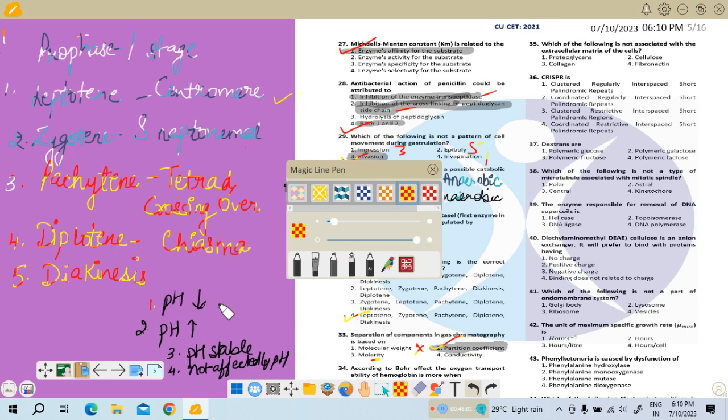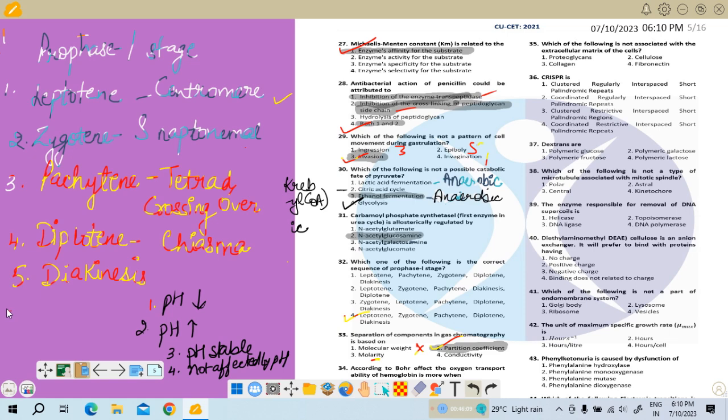So this is a chemistry based question. So in Bohr effect, more oxygen is released. If more oxygen is released, it weakens the hemoglobin and oxygen bond. So if the bond is getting weakened, here pH is decreasing.